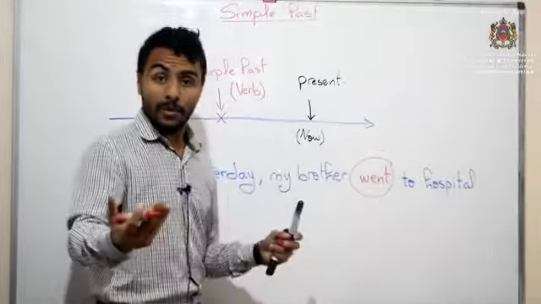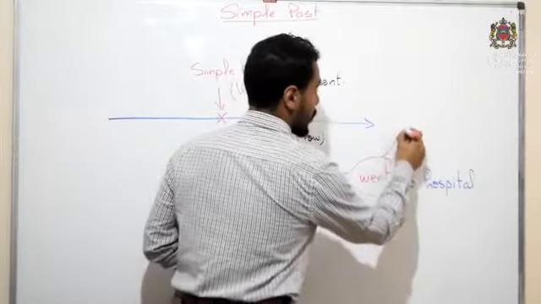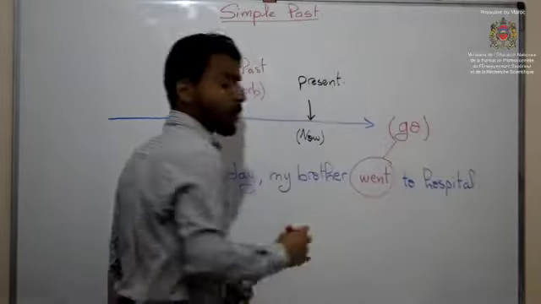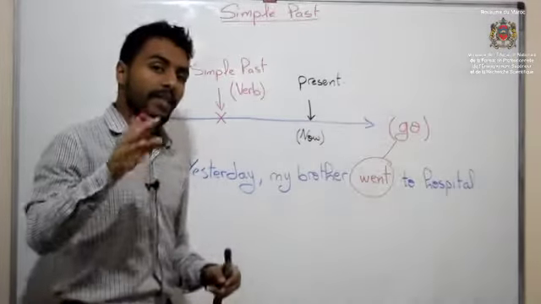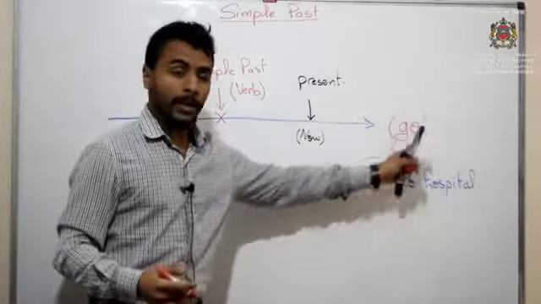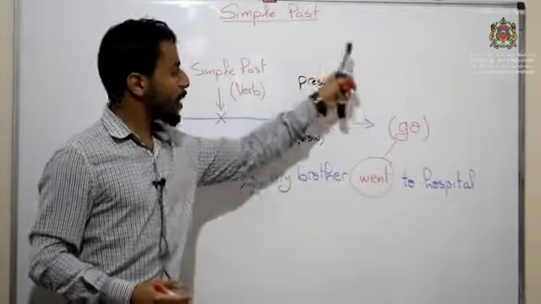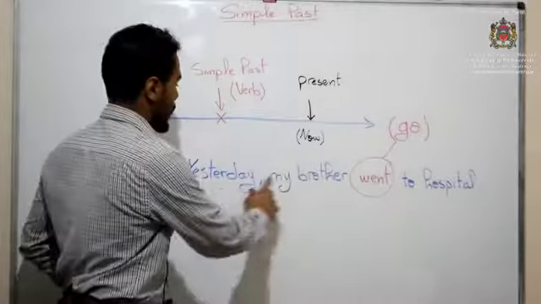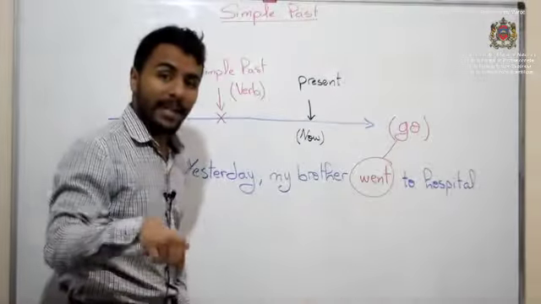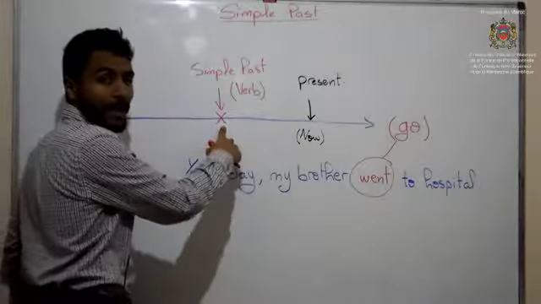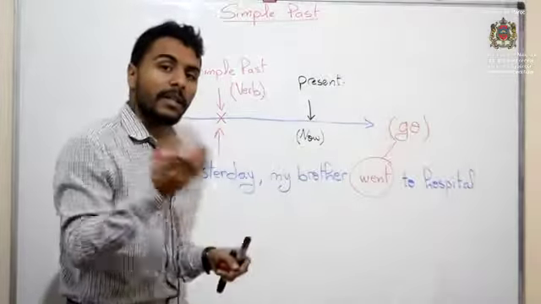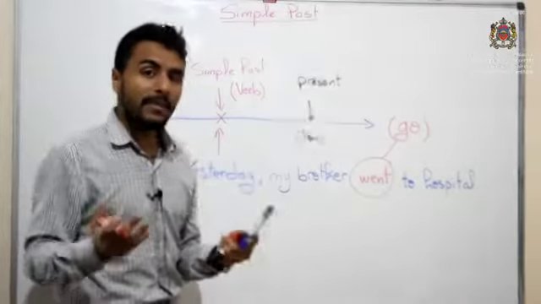Actually, the original verb is go. So what we basically do is we conjugate the verb go in the simple past, because yesterday my brother went to hospital. It's not now, it's yesterday. So the action is in the past. Now, this is the simple past.